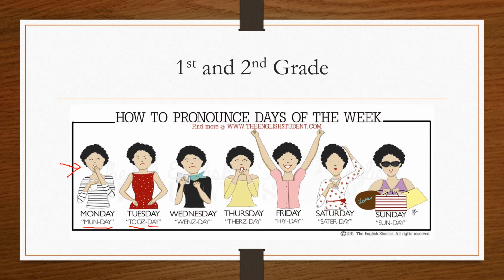When we say Wednesday, we don't say every letter. We just say Wednesday. Thursday, we don't say it the way it looks. We say Thursday. Kind of make a Z sound. Friday, we don't say it the way it looks.